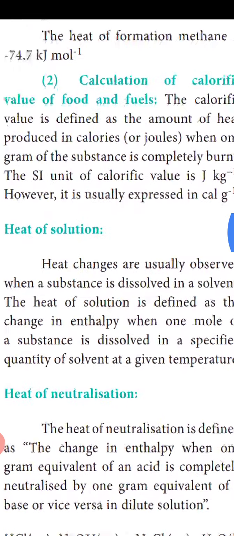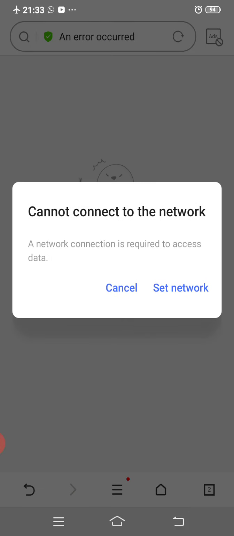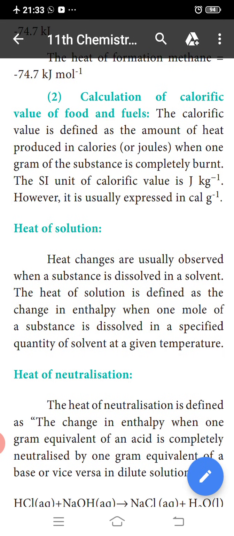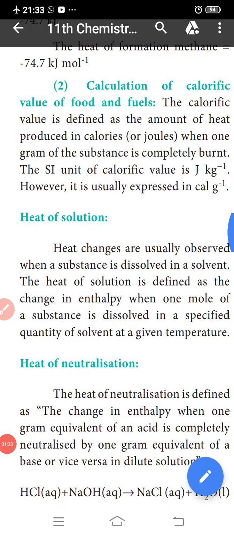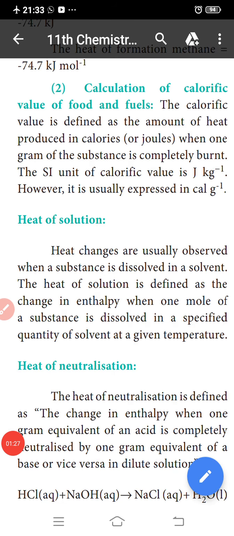Okay, the first one we discuss is the heat of solution. The heat of solution is usually observed when a substance is dissolved in a solvent.